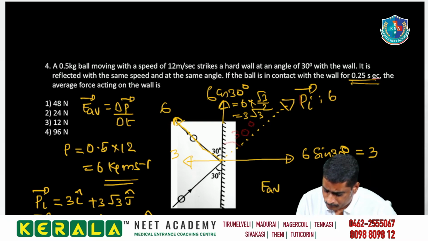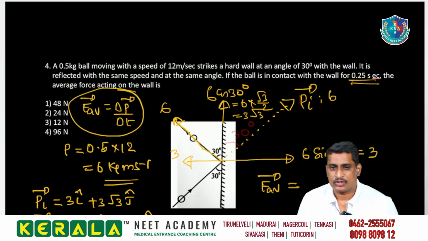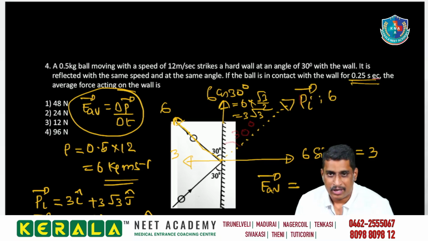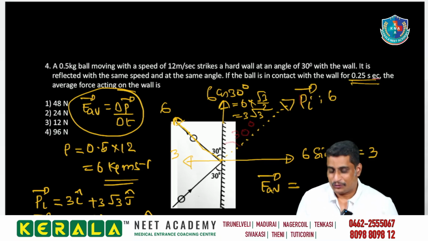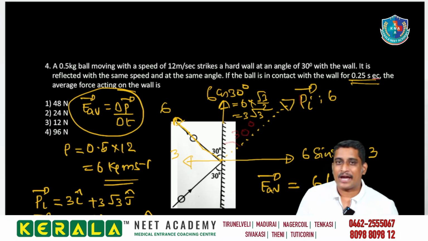Therefore, the average force, by the definition already we have, is the change in momentum divided by time interval. So final momentum minus initial momentum. If you subtract these momenta, then we will get 6 minus i cap.